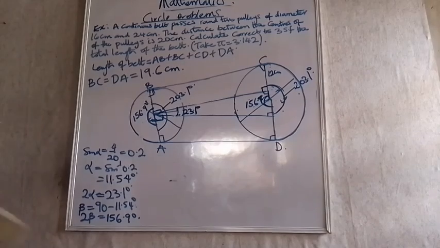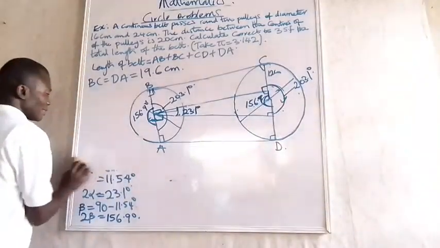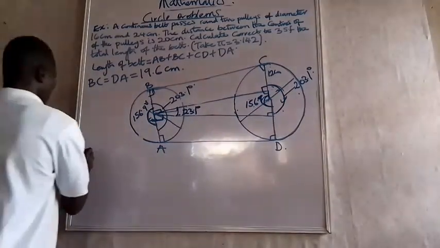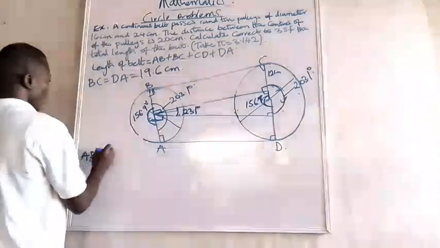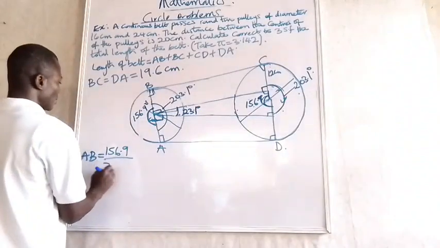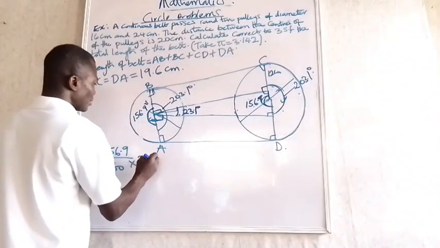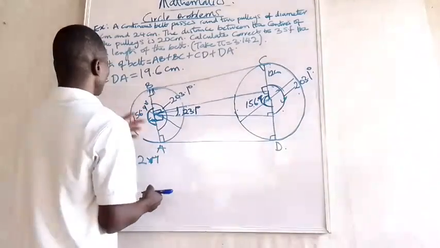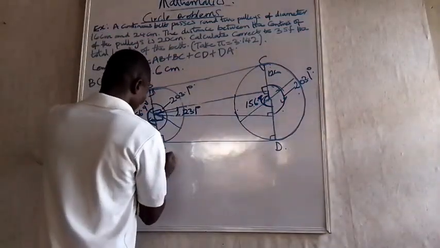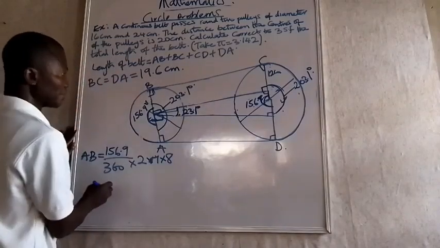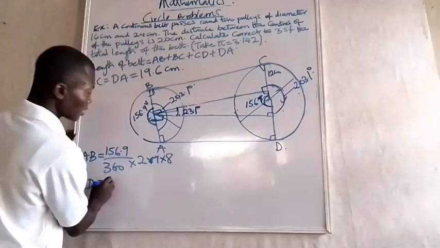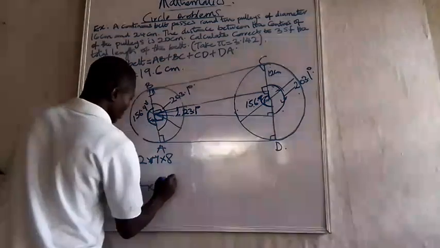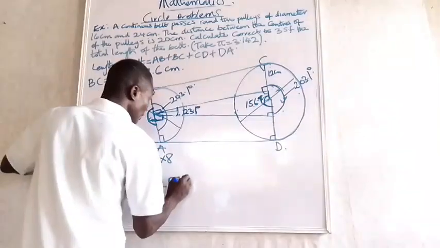Now from here, let's find the length of the portion AB. AB will be equal to 156.9 over 360 times 2 pi times the radius of this part, which is 8. CD will be equal to 203.1 over 360 times 2 pi times 12.